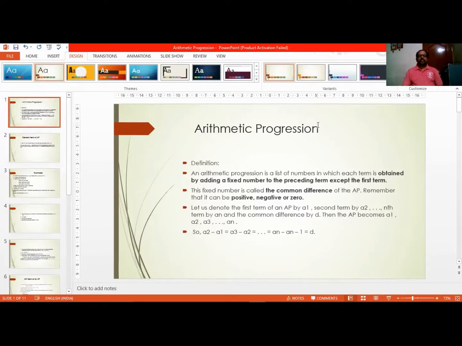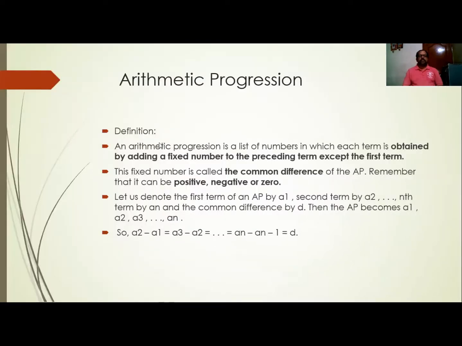The arithmetic progression, a very important topic from your syllabus. So what is the definition of arithmetic progression? It is a list of numbers in which each term is obtained by adding a fixed number to the preceding term except the first one. So it is a list of numbers, right?